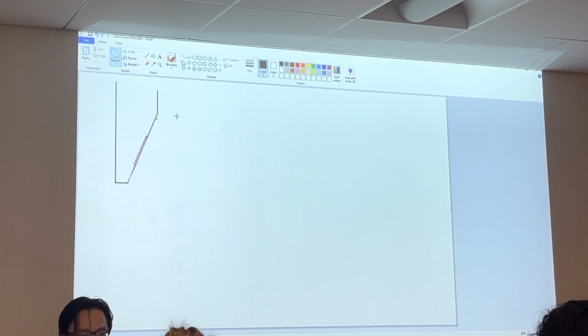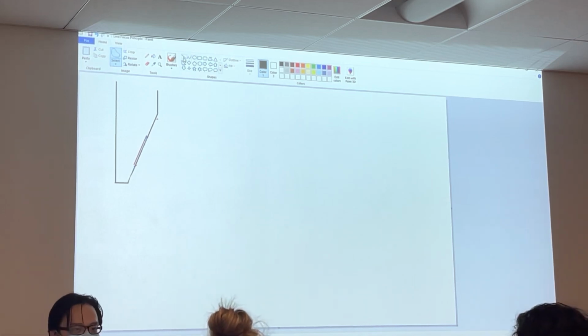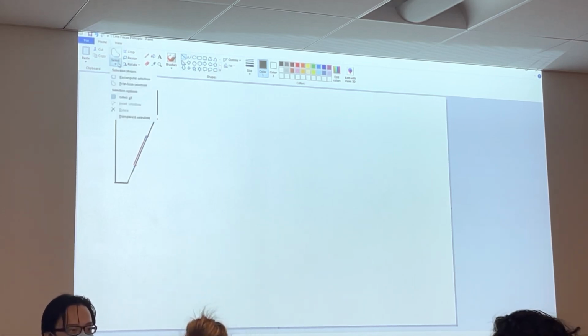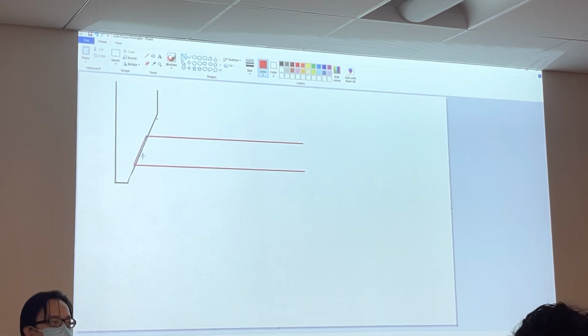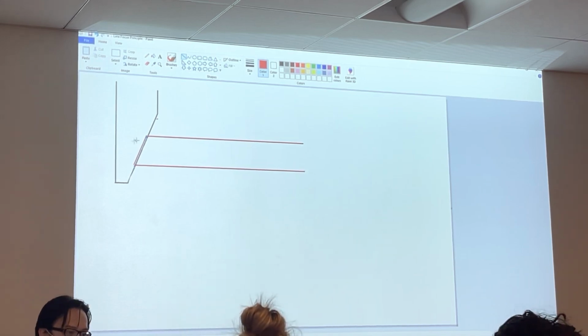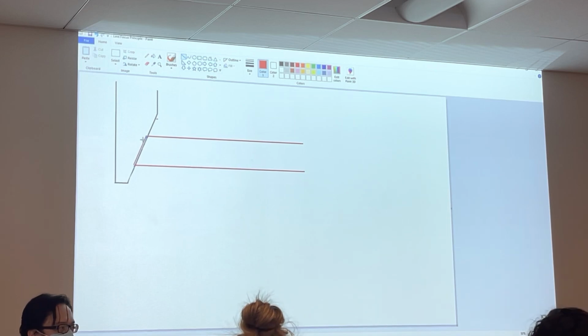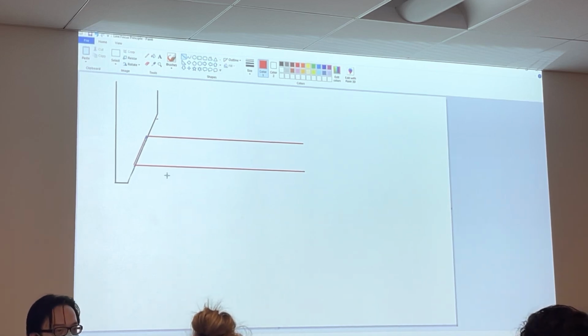So if we're looking at this anode here, and once again, we have electrons shooting across this way and hitting our anode. What is happening here at the actual focal spot? What is happening when the electrons interact with the anode here?